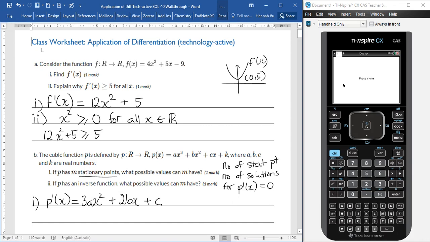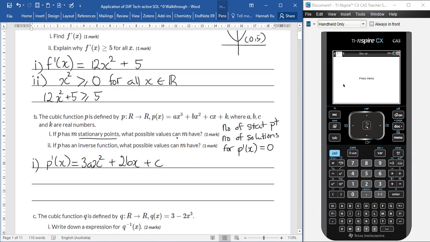So this is the derivative. Basically the question is asking you how many solutions there are. I need to learn to copy things properly. Okay, so 3ax squared plus 2bx plus c equals 0.